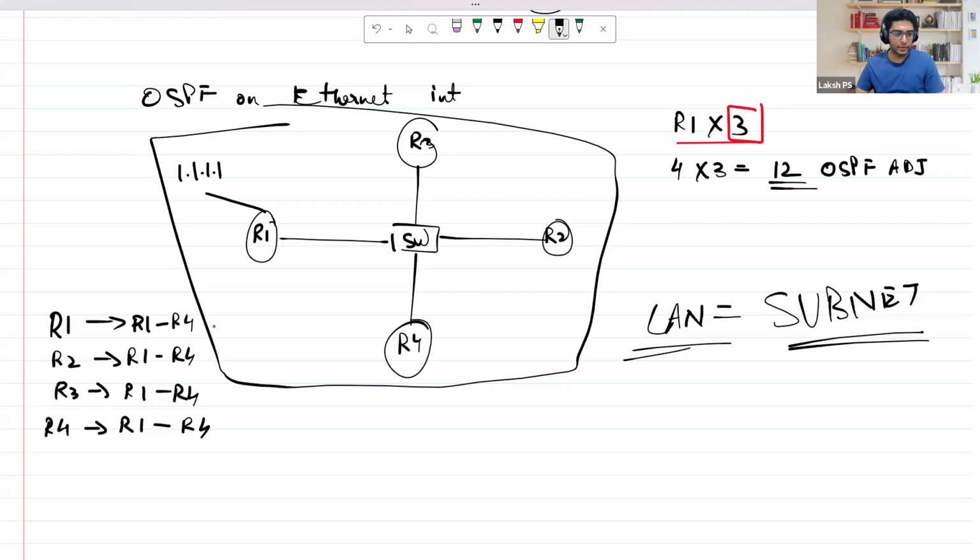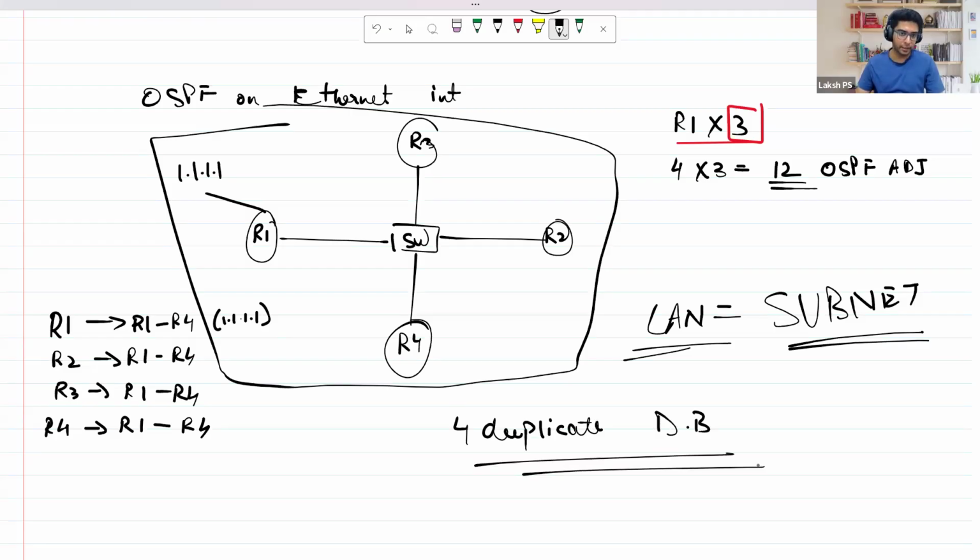R1 will update its database with 1.1.1.1, and every router will update their database with the additional network of 1.1.1.1. So here what is happening? You have four duplicate databases. Correct? You have four duplicate databases.